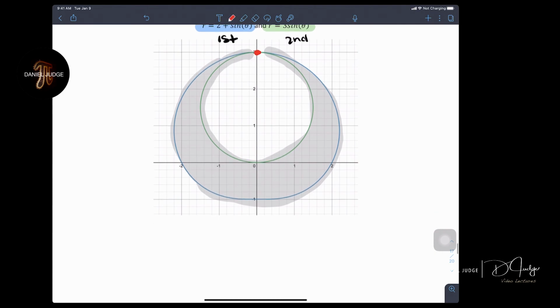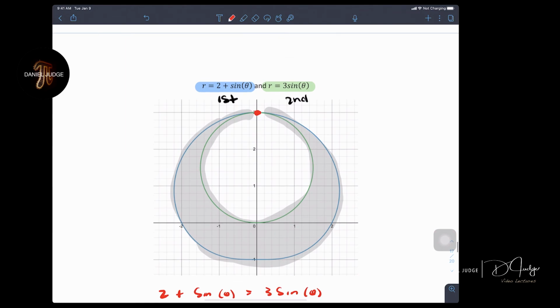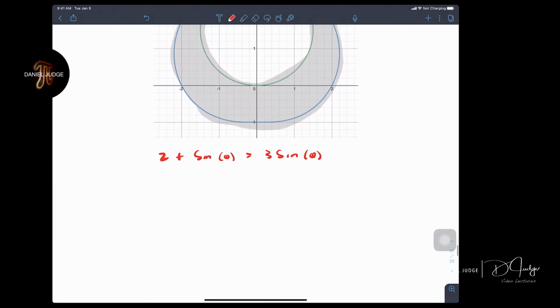R equals r. So we say 2 plus sine theta is 3 sine theta. If I subtract sine theta from both sides, this means 2 will be 2 sine theta, and that means sine theta is 1.